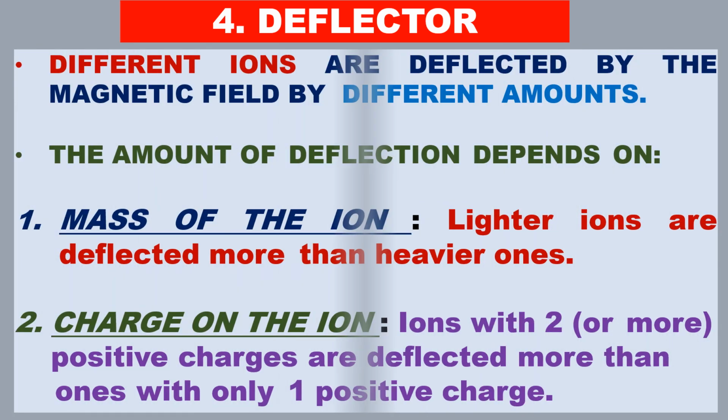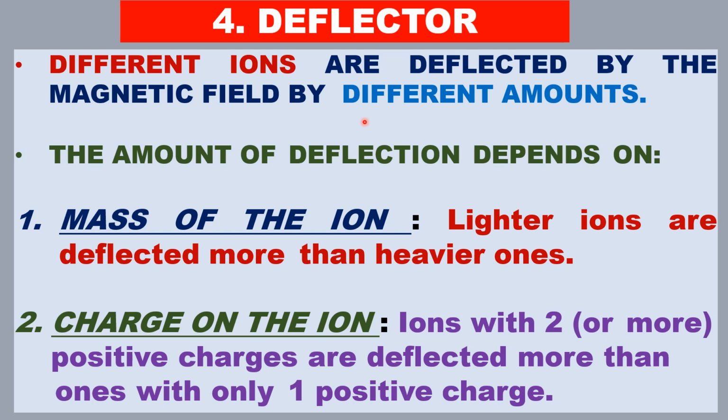So what is the deflector? It consists of a powerful electromagnet. By means of the electromagnet, the different ions are deflected by the magnetic field by different amounts.